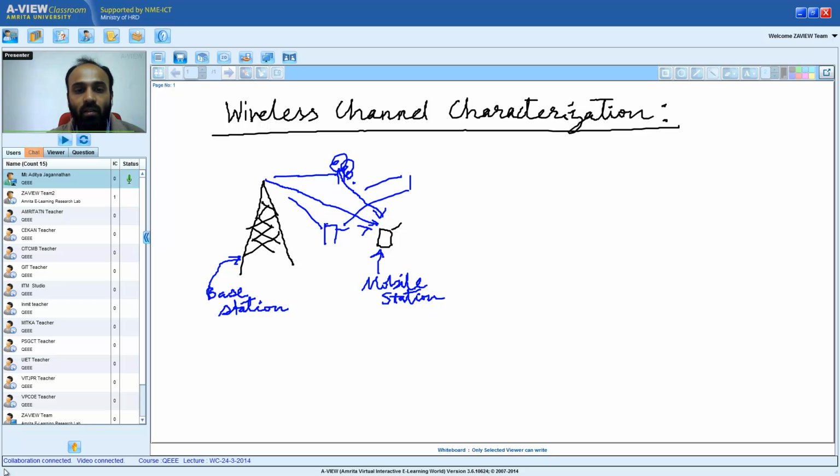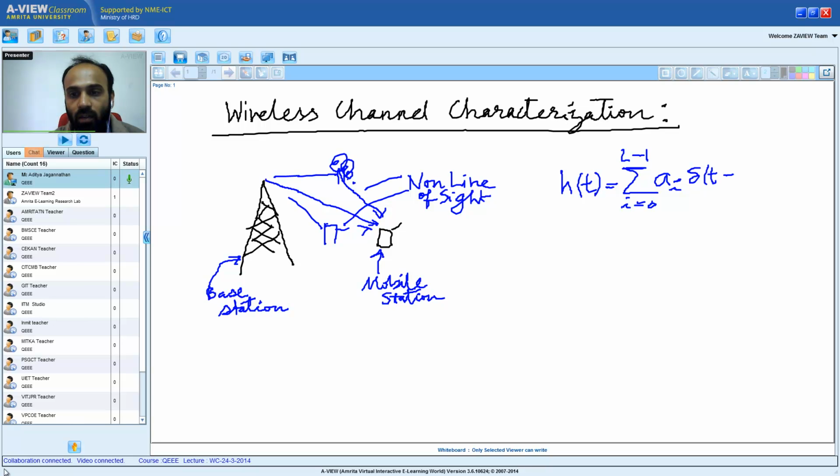These are the non-line of sight paths, right? And therefore what I have is a multipath channel with impulse response which can be modeled as h(t) = summation i equal to 0 to L minus 1 of a_i delta(t minus tau_i). These a_i are the amplitudes of the multipath components and tau_i are the delays, right?